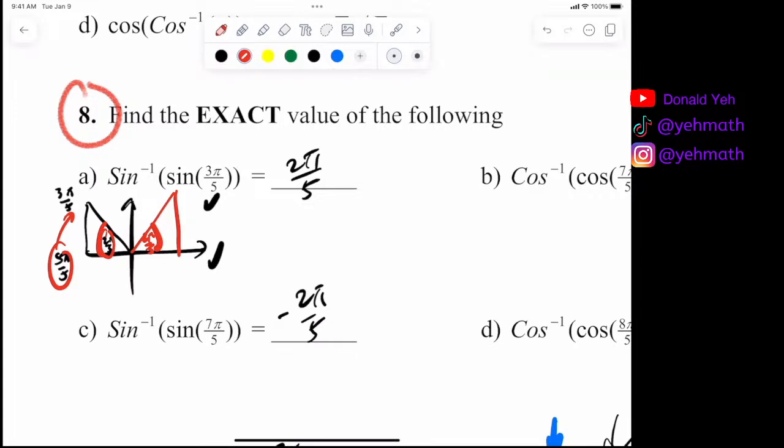I just look at the opening because it tells me the reference angle. The reference angle of 3 pi over 5 is 2 pi over 5, and I just need to figure out the first quadrant with that reference angle, which is 2 pi over 5.